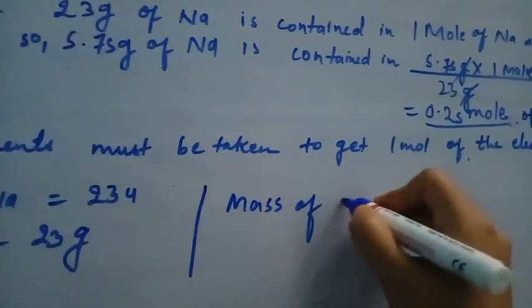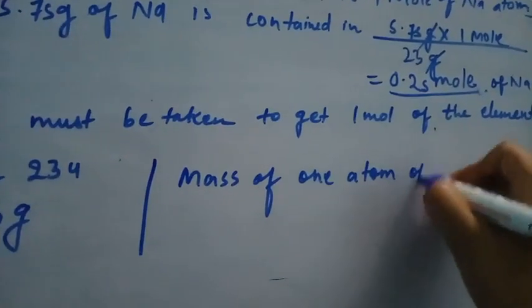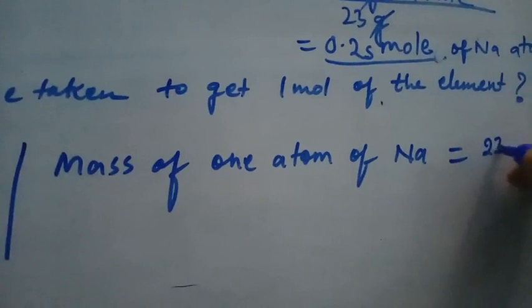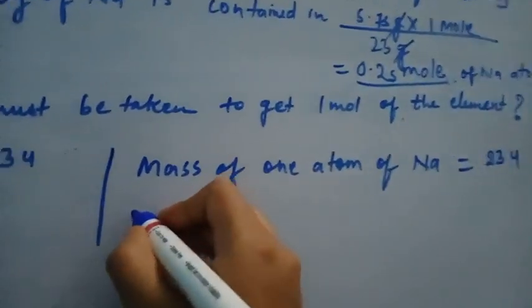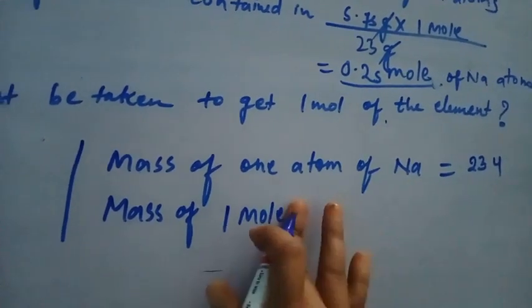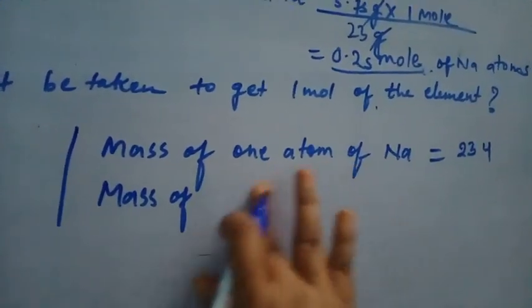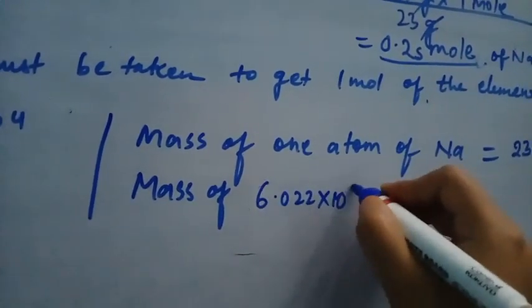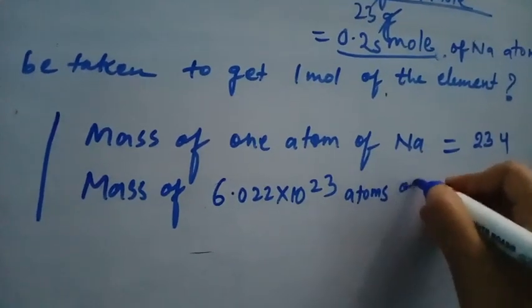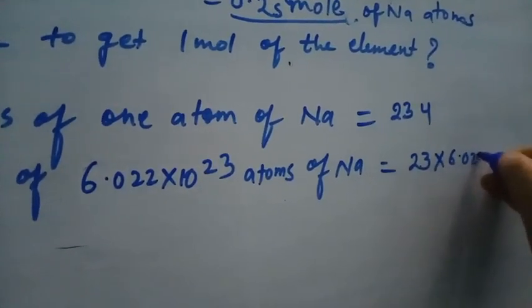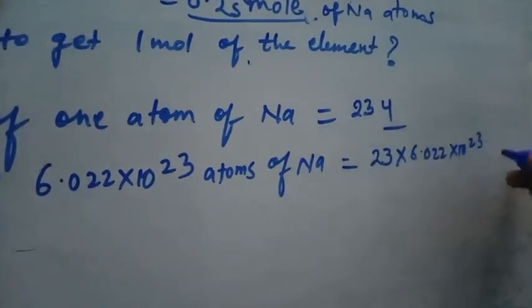Mass of 1 atom of sodium is equal to 23 U. So the mass of 1 mole, or in place of mole you can just write the mass of 6.022 into 10 to the power 23 atoms of sodium, is equal to 23 into 6.022 into 10 to the power 23 U, and you can change U into grams, because we have to find out how many grams.